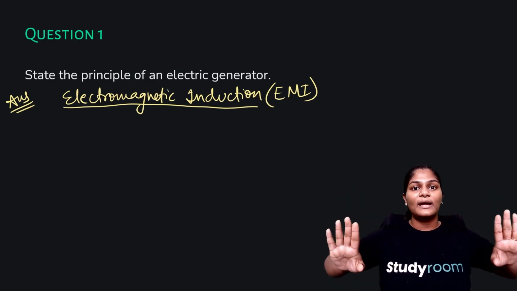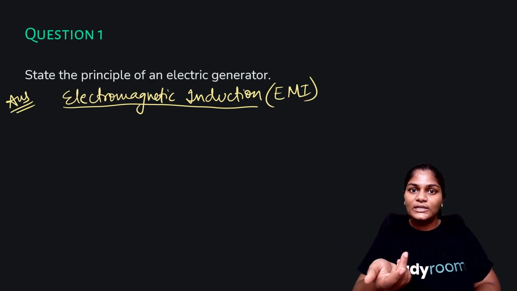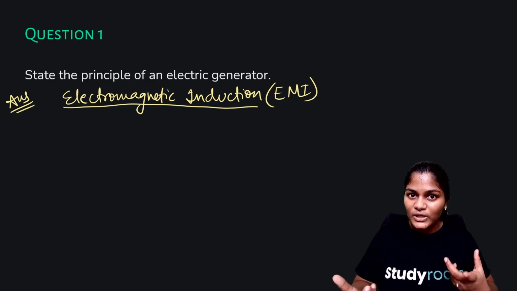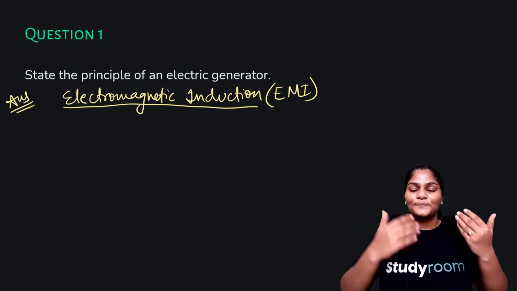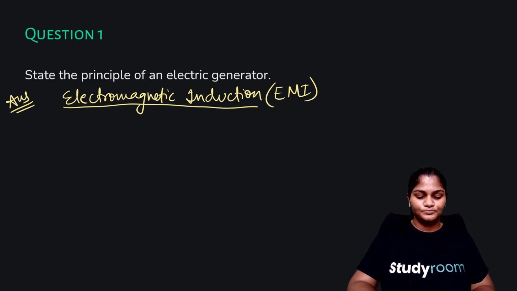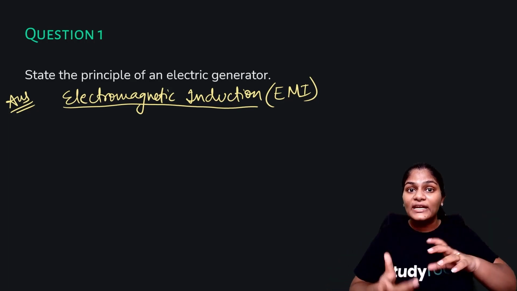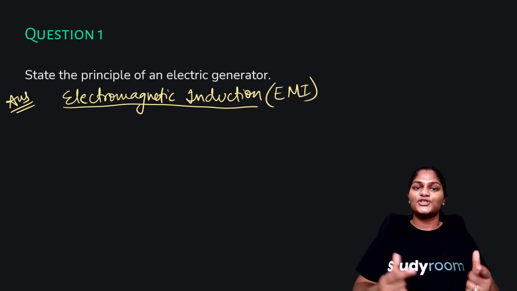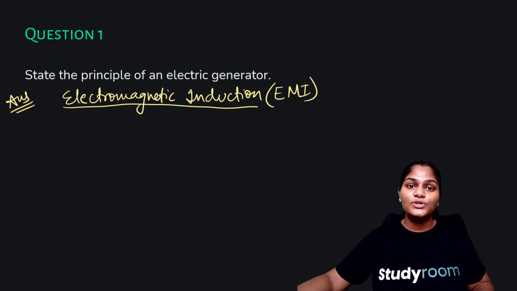We are not moving the magnets, we are moving the coil. So when the coil is rotated, there is some kind of relative motion between the magnet and the coil, which gives rise to an induced potential difference, which in turn gives rise to an induced current.